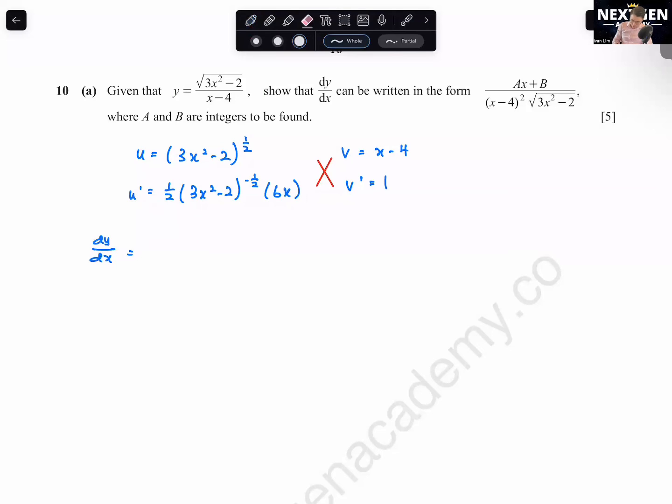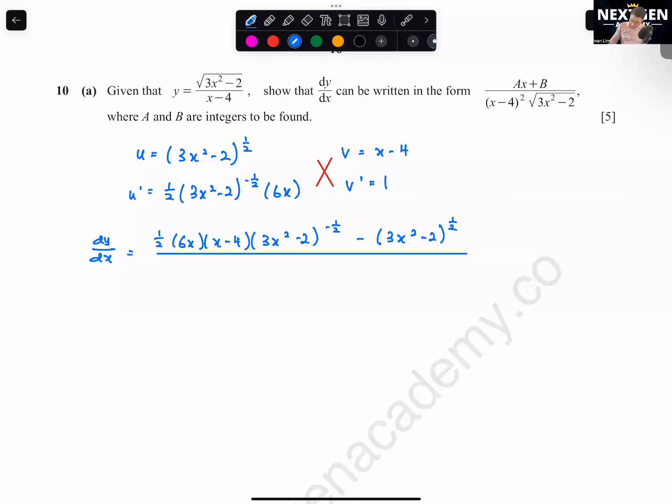I'm just going to arrange it first because later it's a bit messy. So I just put all the main terms here first. 1/2 times 6x and (x minus 4)(3x squared minus 2) power negative 1/2. That's v u prime, but I rearranged it. Minus u v prime, (3x squared minus 2) power 1/2, over v squared.